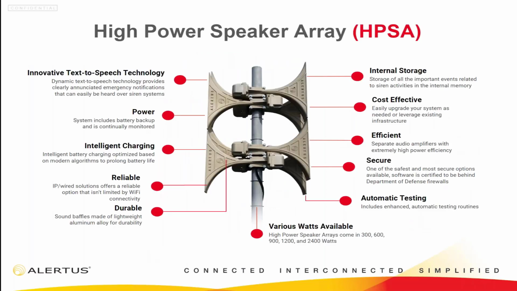Going back to the outdoor notification, here you see our high-powered speaker arrays with our text-to-speech capability built into them, with clear voice technology, which, depending upon the environment that these are going to be mounted in, can have up to 3/4 of a mile range with clear voice, verbal alerting across large areas.